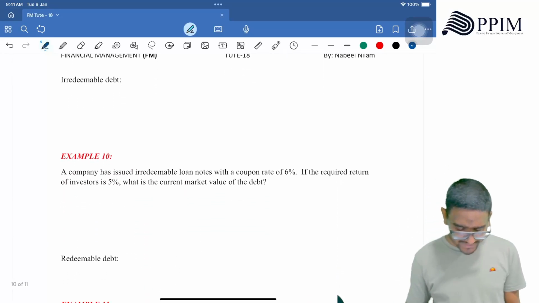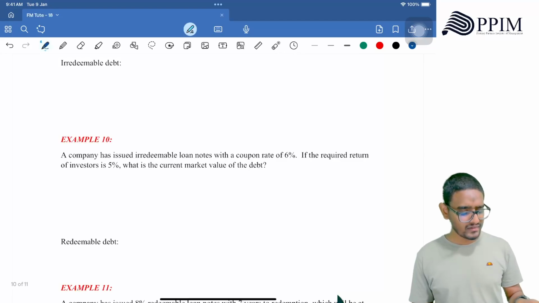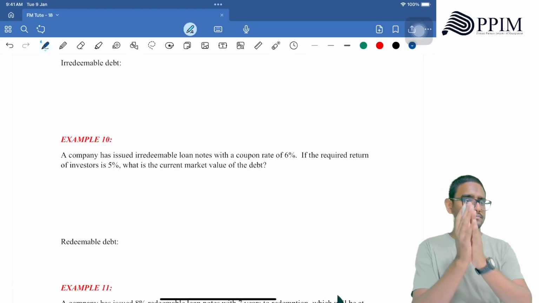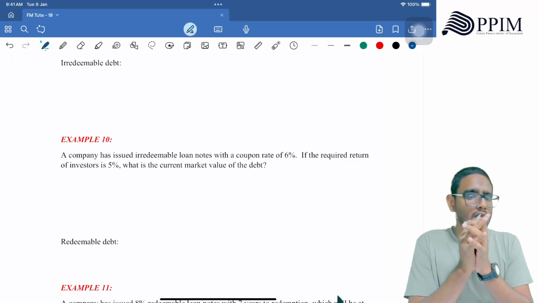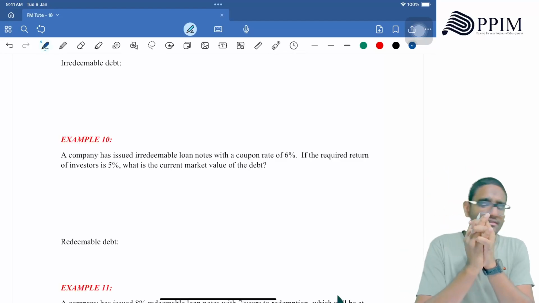So we move into your next one, which is irredeemable debt. What is the main characteristic of irredeemable debt? Yes, we are arm's length away from the exam.